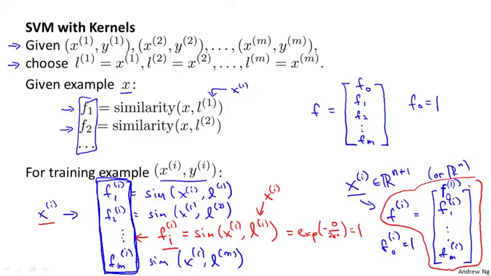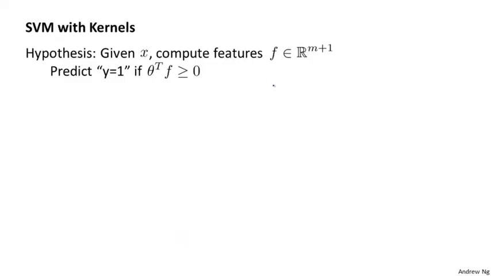So given these kernels and similarity functions, here's how we use a support vector machine. If you already have a learned set of parameters theta, and you're given a value of x and you want to make a prediction, we compute the features f, which is now an Rm plus 1 dimensional feature vector. We have m here because we have m training examples and thus m landmarks. And we predict 1 if theta transpose f is greater than or equal to 0.